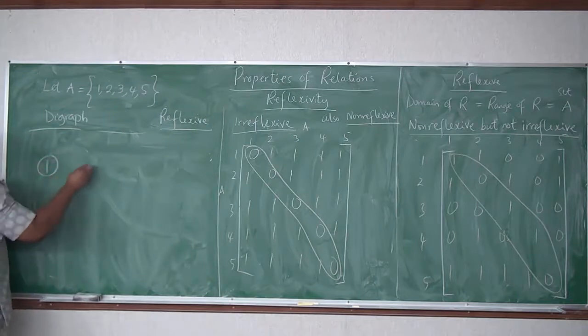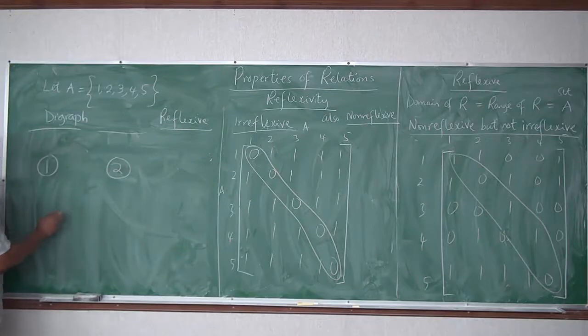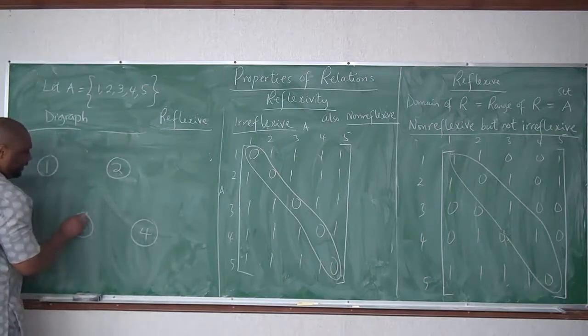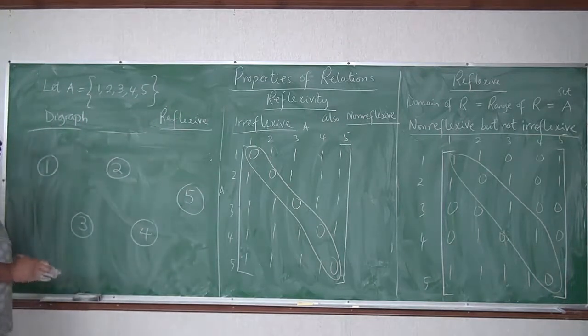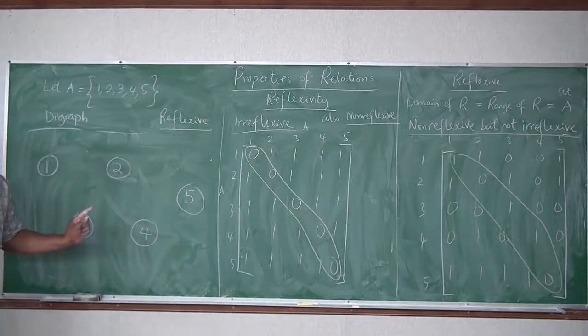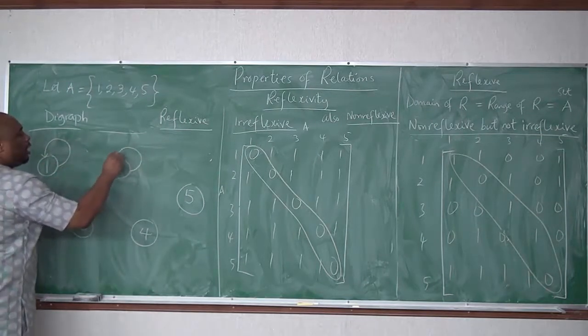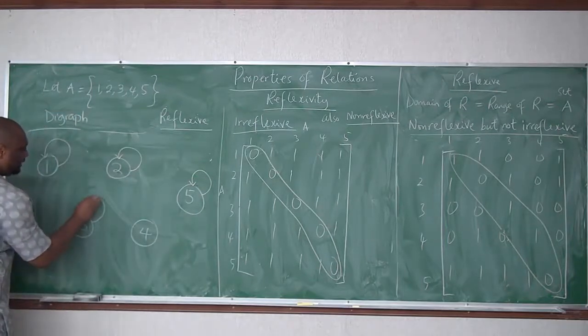So if we have 1, 2, 3, 4, 5. With digraph, for reflexive, the main thing is that you have to have loops on all the vertices.